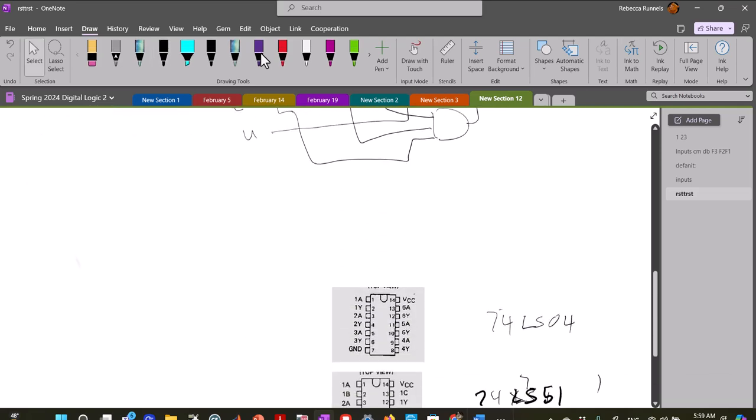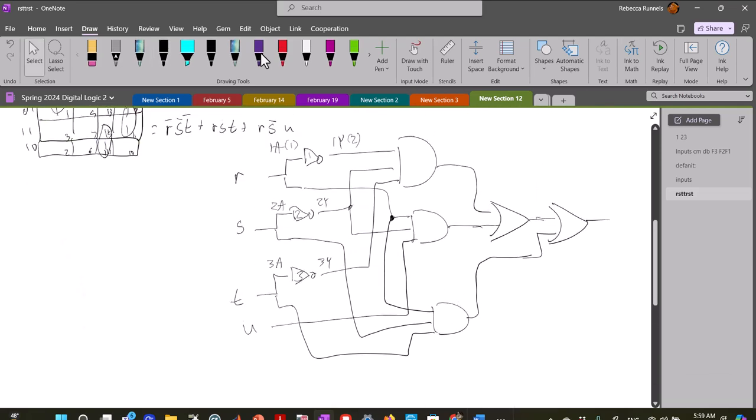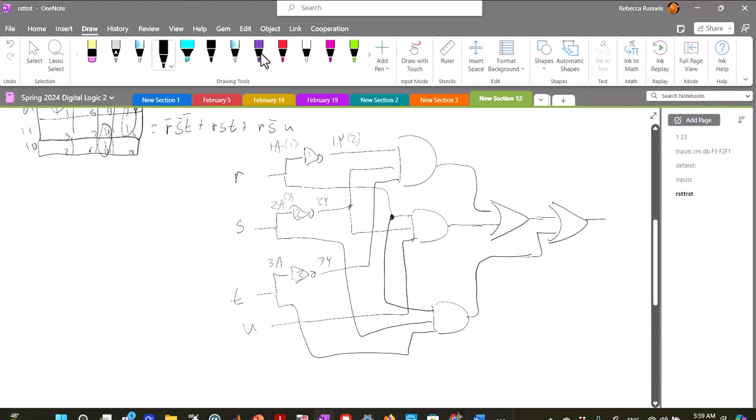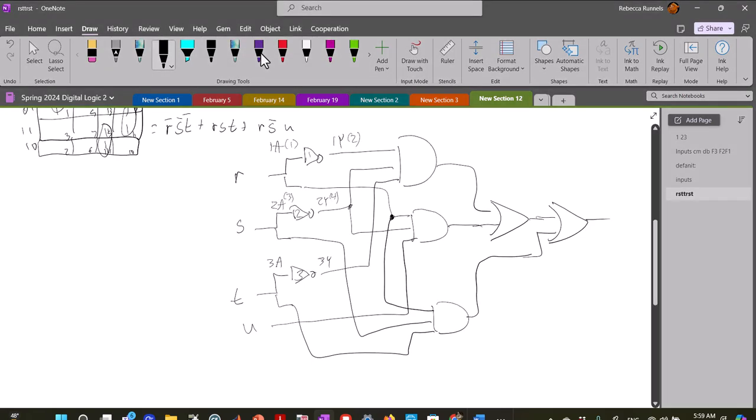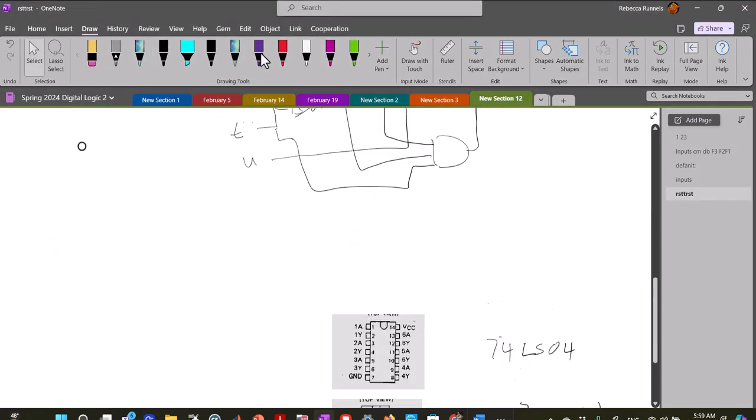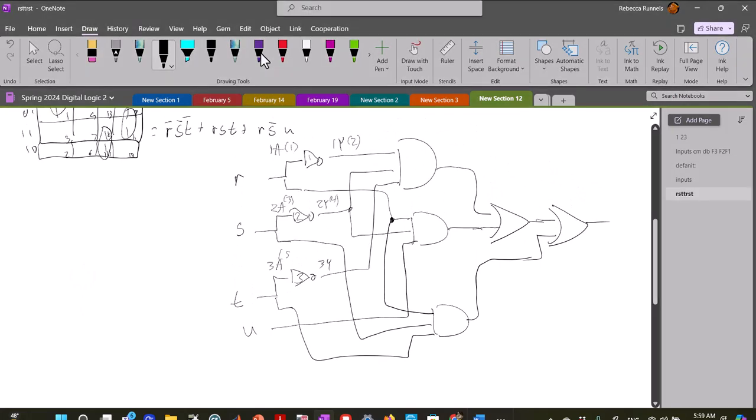And for 2, they are 3 and 4. And for 3, they are 5 and 6.